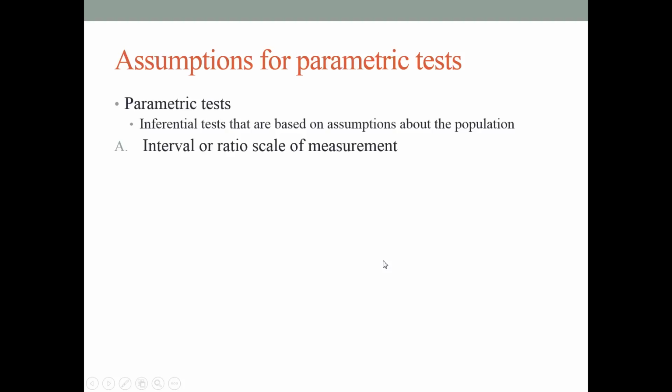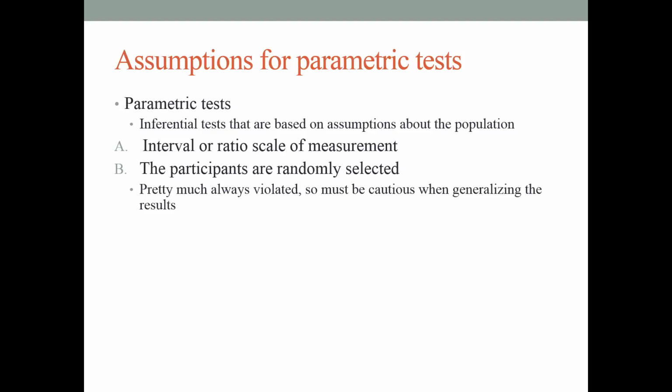Okay. So as I said, the first one, the most important one, is interval or ratio scale of measurement. The second one is that the participants are randomly selected, because of course we want to be sure that the sample represents the population. But of course it's pretty much always violated, as we discussed before. So we must be cautious when generalizing the result, but we can go ahead and just conduct the test. The third one is normally distributed data, because the normal distribution is a very important assumption.